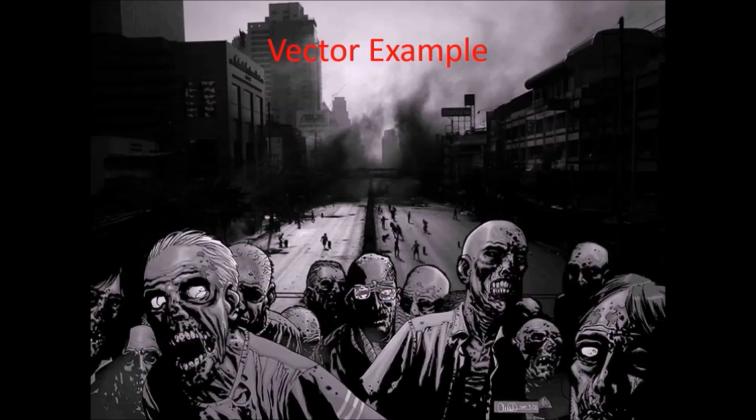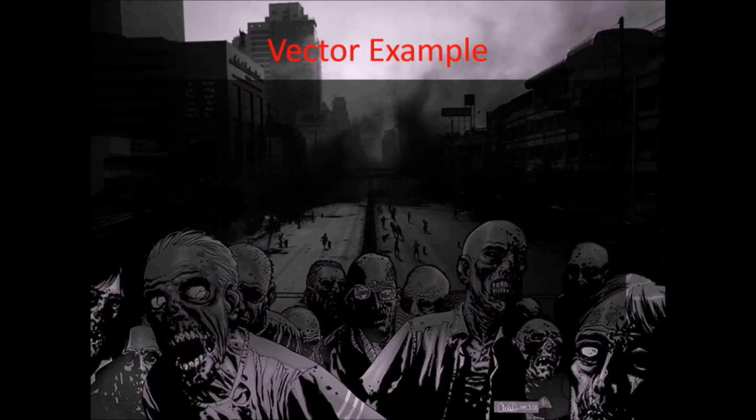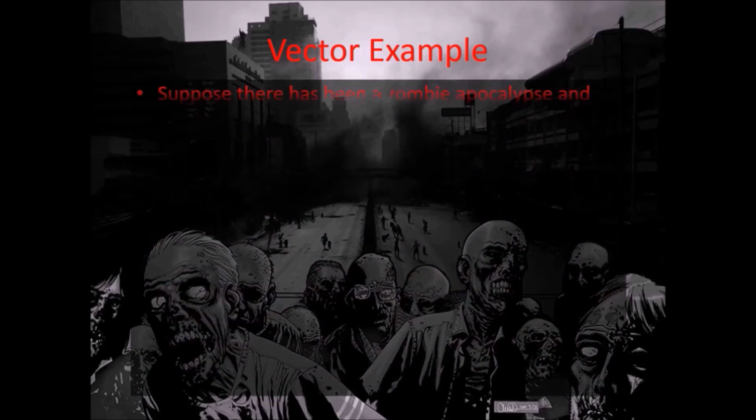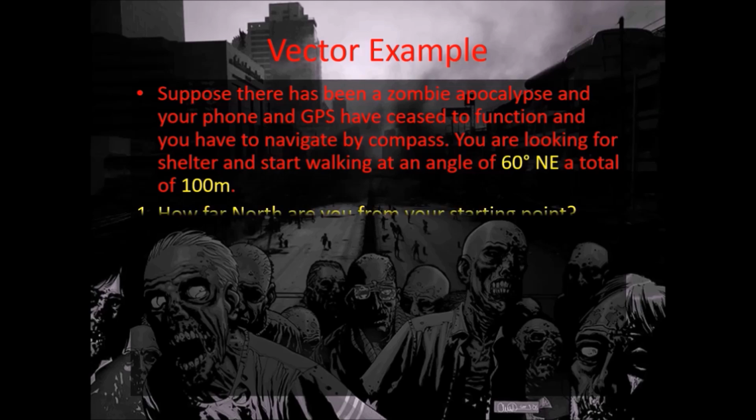So let's take a look at the first part of the problem here. We have 60 degrees northeast, we have 100 meters. So the first part, number one, how far north are you from your starting point, and how far east?